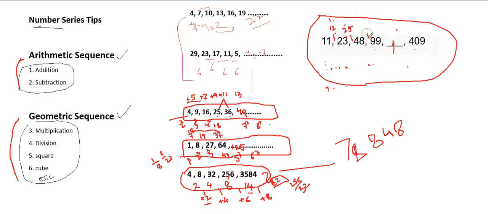This distance now, 9 minus 8 is 1, 9 minus 4 is 5. This is 51. So what we see here, between 12 and 25, the distance is 13.